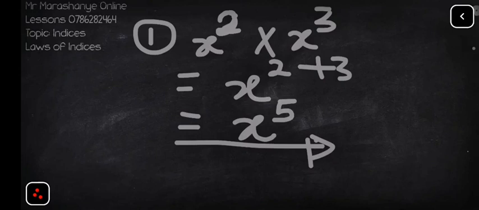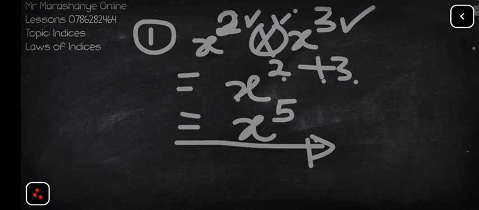This law states that when you multiply numbers, you must add the powers. That's why it has x to the power of 2 plus 3.